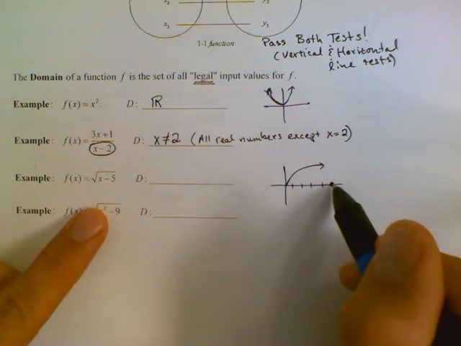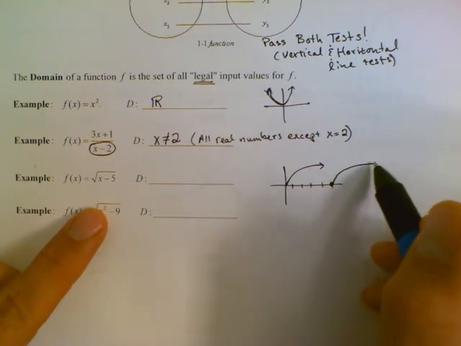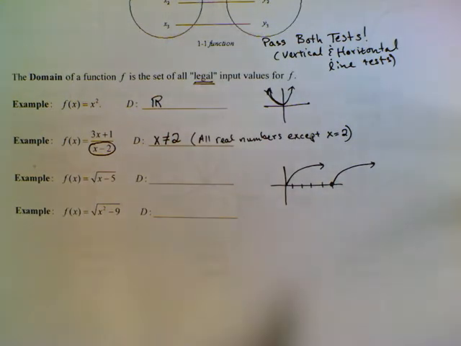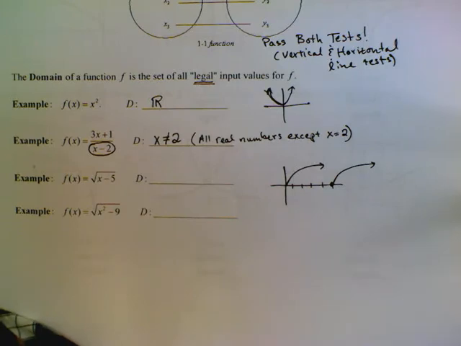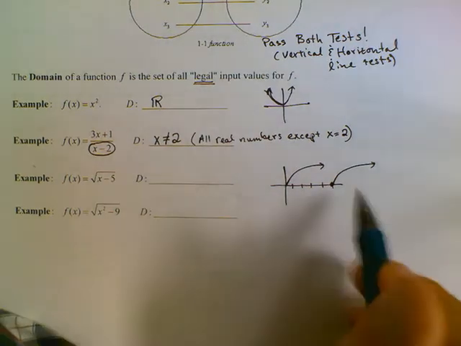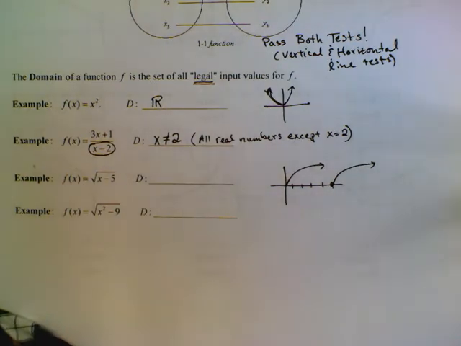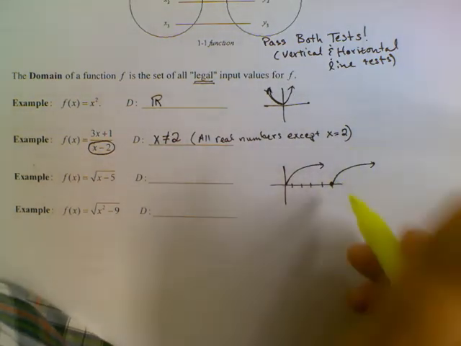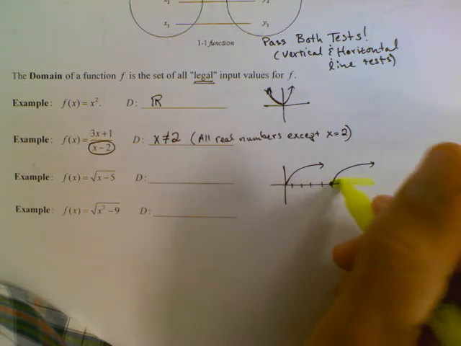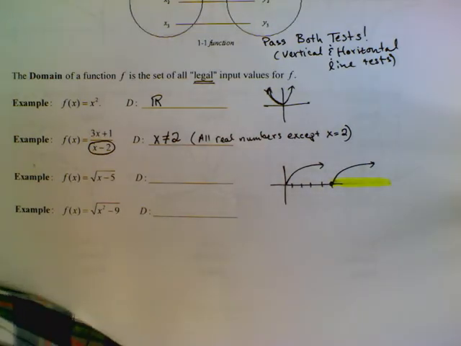If we move it to the right 5, it'll still look like a bottle rocket. So what are the allowable numbers? The domain is going to be all these numbers to the right of 5, and also including 5.